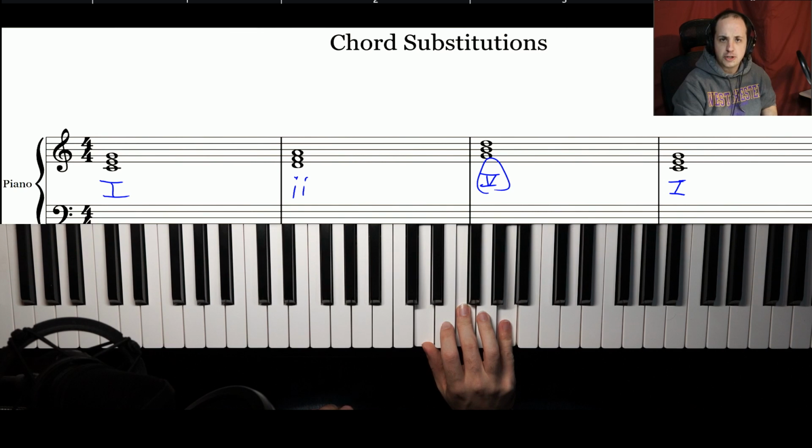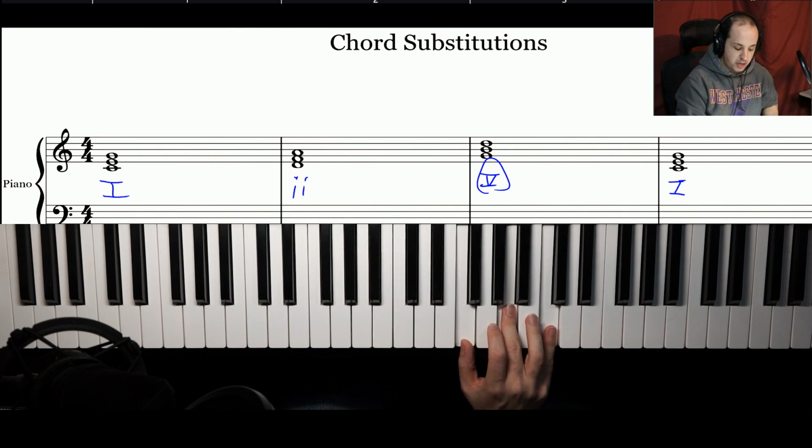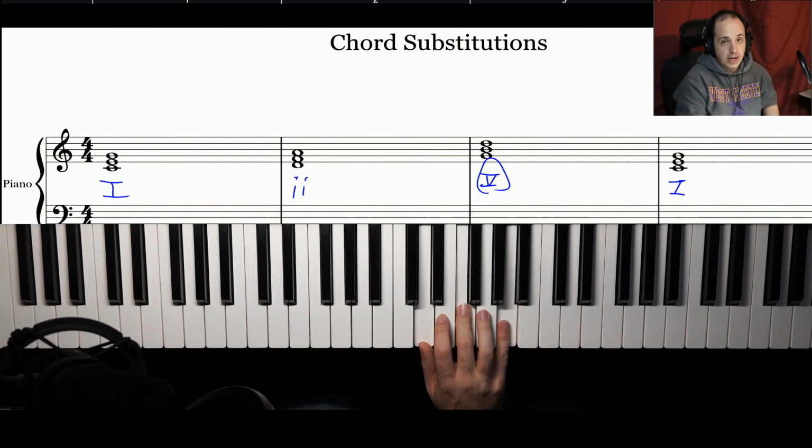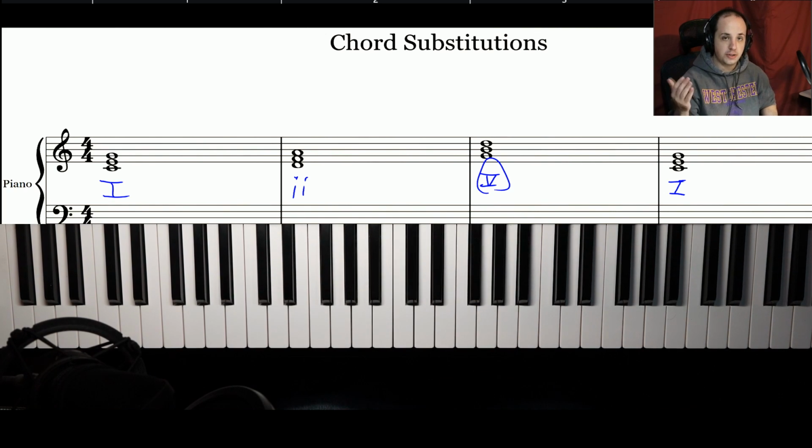Well, hey, didn't I mention right in the beginning you could replace F major with D minor? Why? Because they have two notes in common. So this creates a 1-2-5-1 progression, which is why it's called the 2-5 substitution.